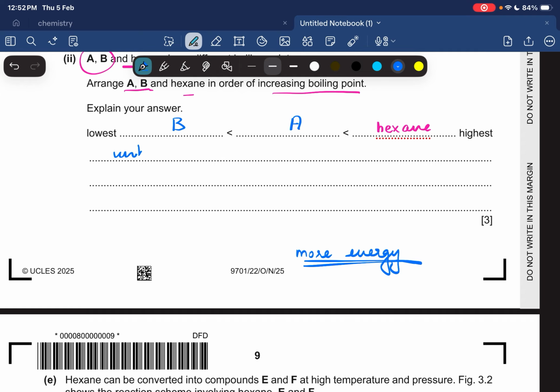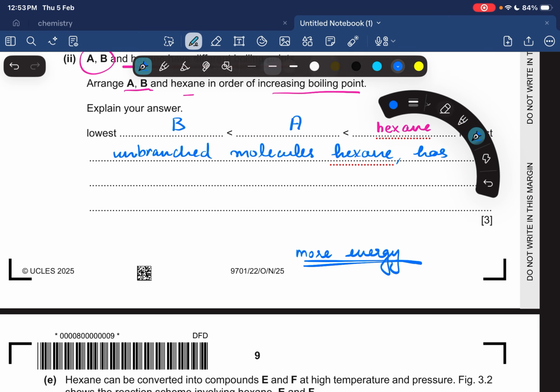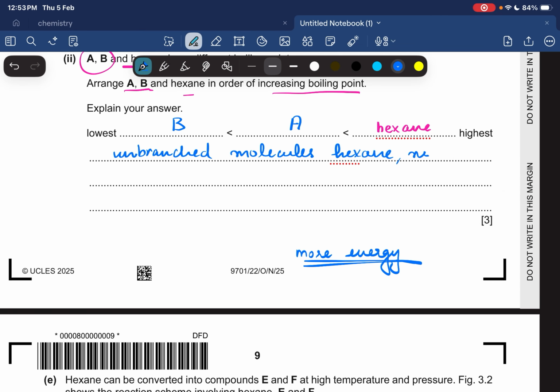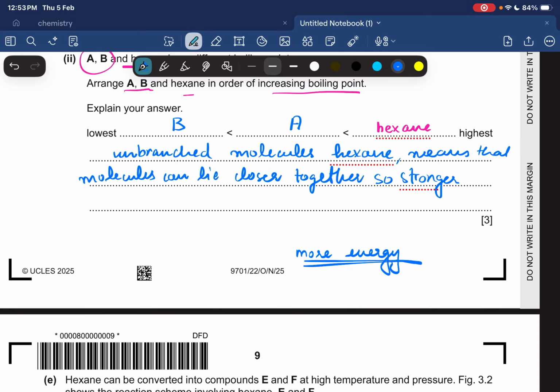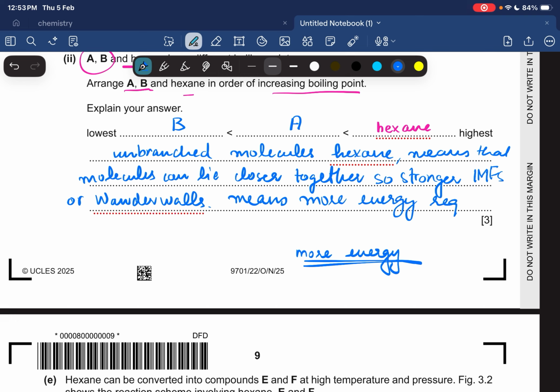So first we tell them that the unbranched molecule, hexane, means that molecules can lie closer together, so stronger IMFs, intermolecular forces, or stronger van der Waals, which means more energy required to overcome it, right? More energy required to overcome it.